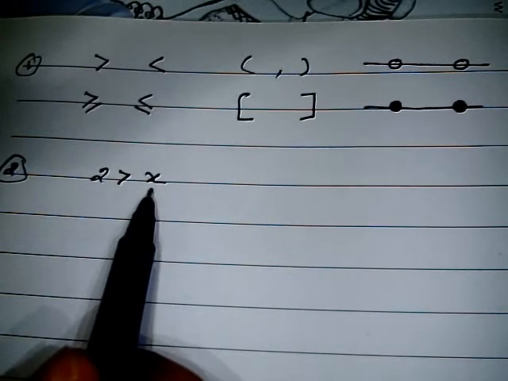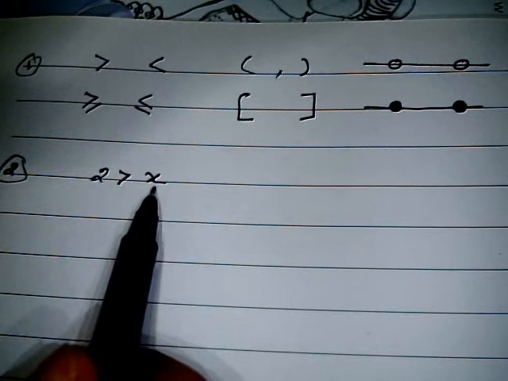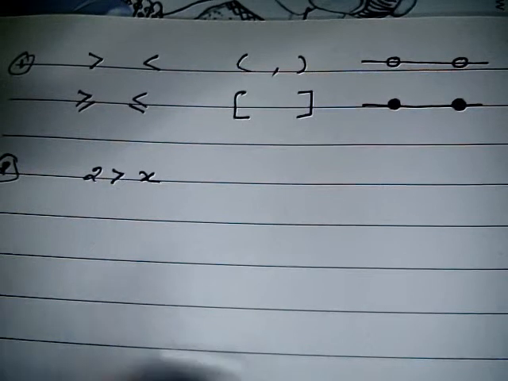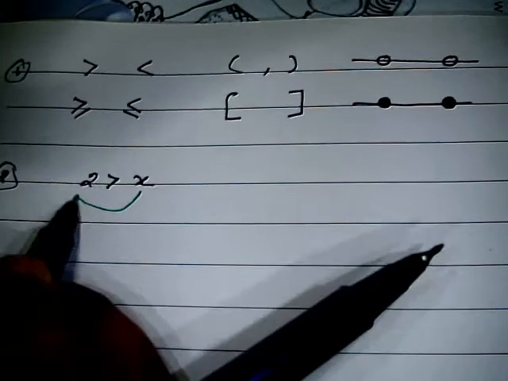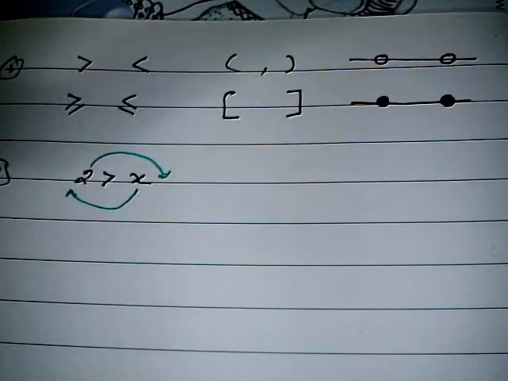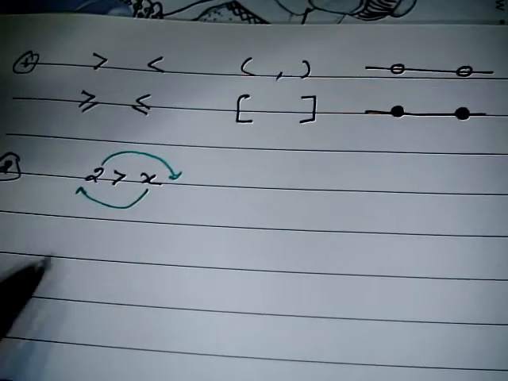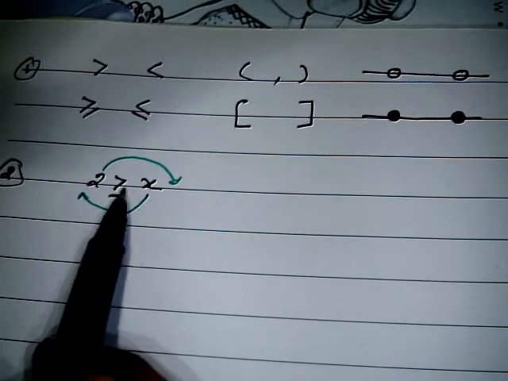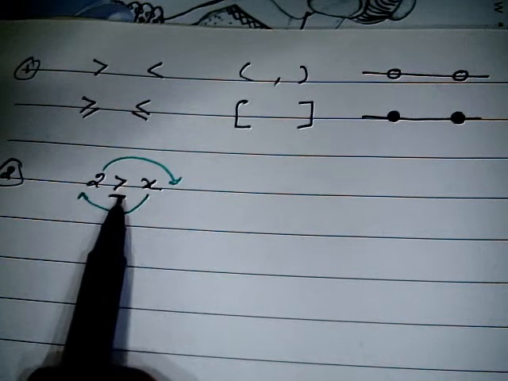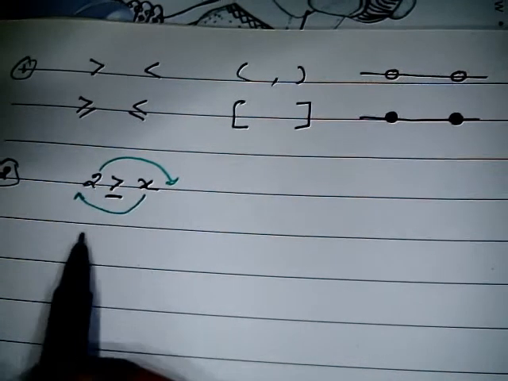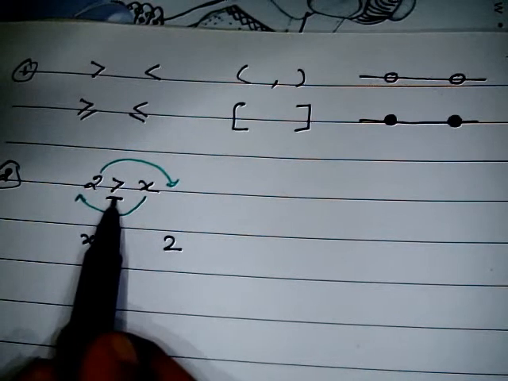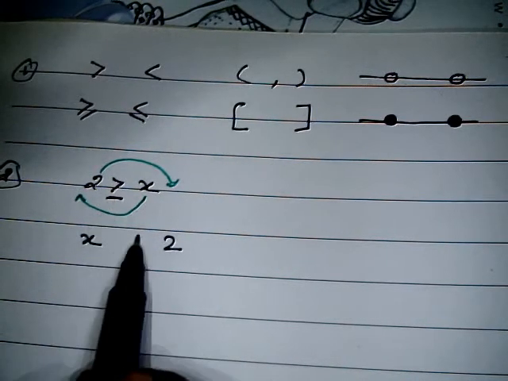So I need to bring this x term over here and the 2 over on the right side. When you are flipping the terms, this inequality sign gets changed. If it is greater than, it will become less than, and if it is less than, it will become greater than. So if I change x and 2 places, then before the change it was the greater than sign, now it will become the less than sign.